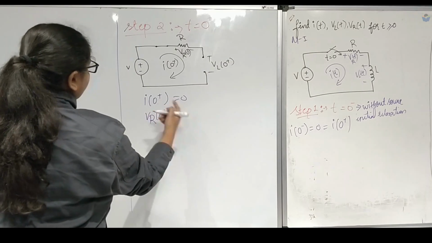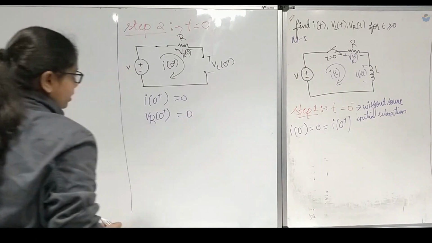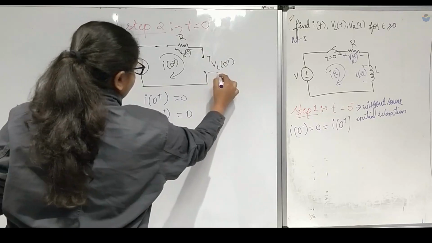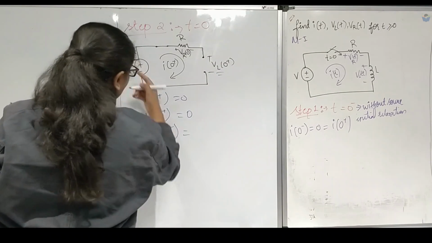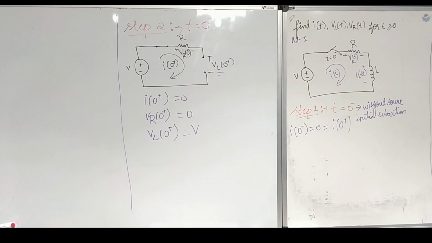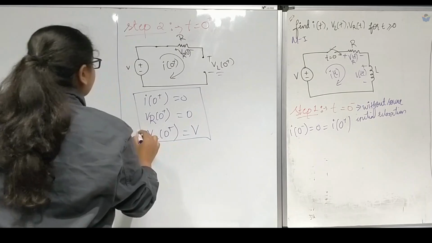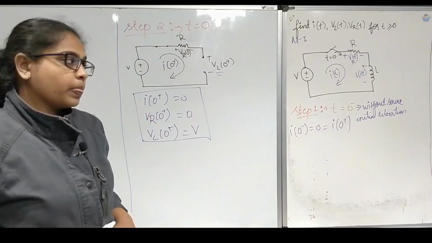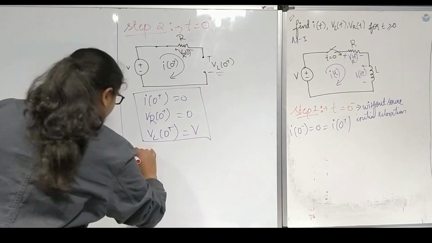What will be the voltage across the resistor? Since I is 0, the voltage drop will also be 0. Now you can apply KVL. When you apply KVL, you will get VL of 0 plus equal to the source voltage. So these are the 3 conditions that we get from t is equal to 0 plus when the switch is closed.